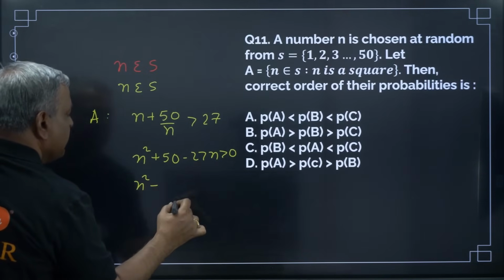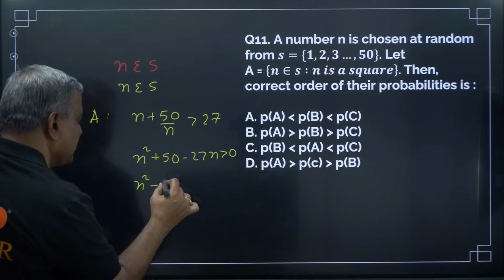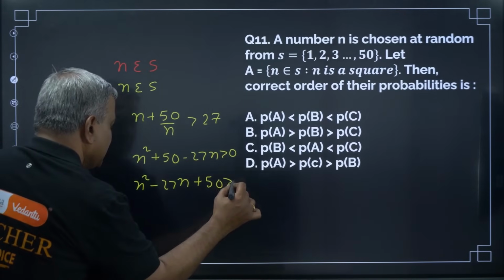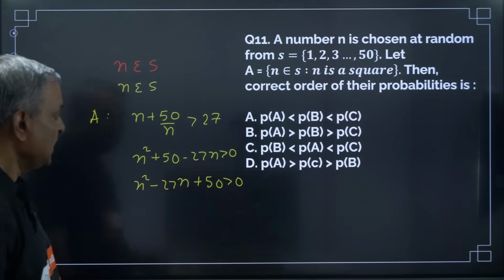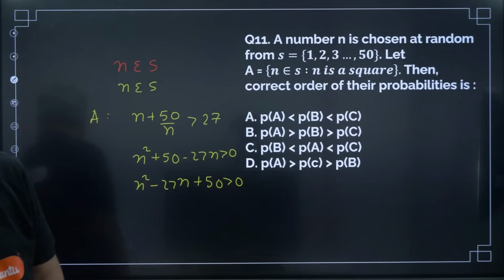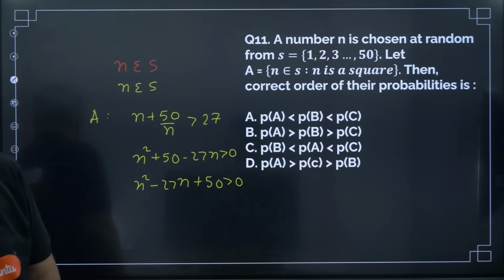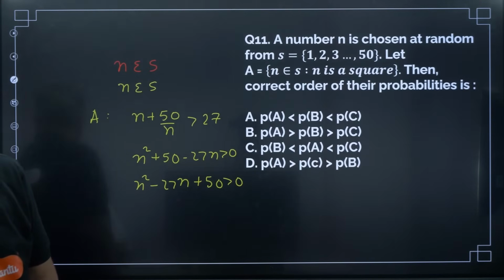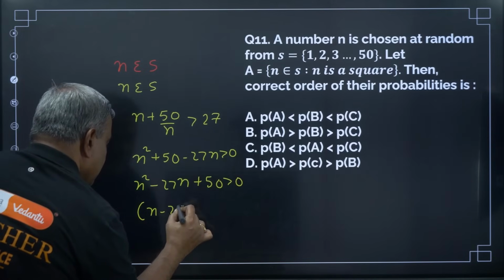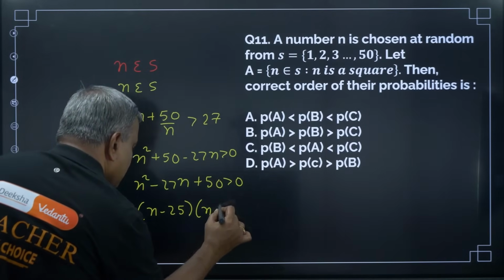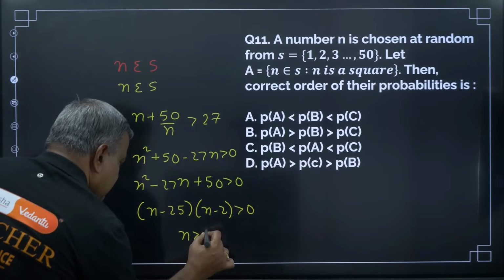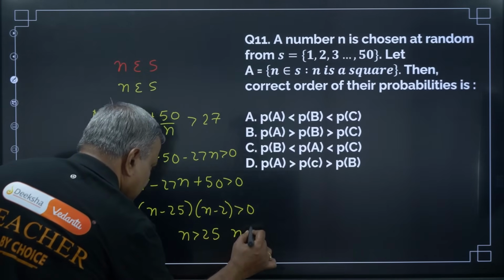N square minus 27n plus 50 is greater than 0. N belongs to S. So n minus 25, n minus 2 will be the factors. N minus 25, n minus 2 is greater than 0. So whenever greater than 0, n is greater than 25, n is less than 2.